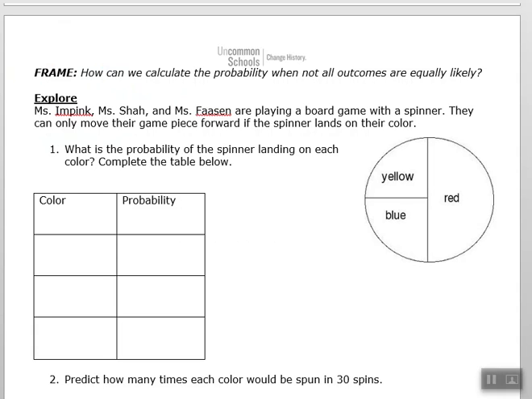Miss Impink, Miss Shah, and Miss Faison are playing a board game with a spinner. They can only move their game piece if the spinner lands on their color. What is the probability of the spinner landing on each color?